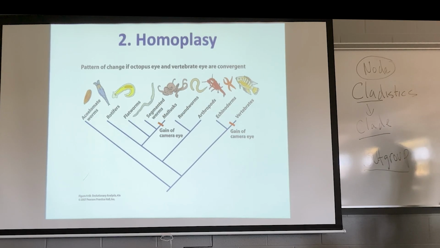What do you think is the more probable one? Losing this 6 times or just it arising twice? Arising twice, right? The least number of steps is the most probable, right? We call it parsimony. Keep it simple, stupid, is what my dad used to say, right? So yeah, the least number of steps to get somewhere is the more accepted, or what we call parsimonious tree.